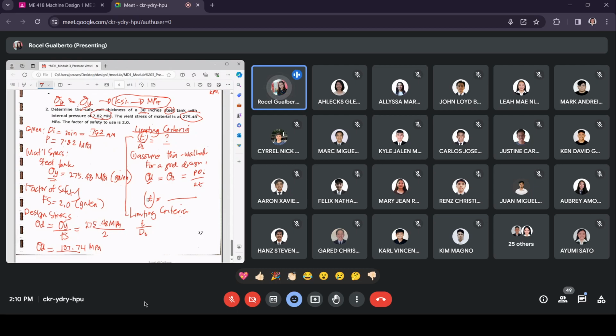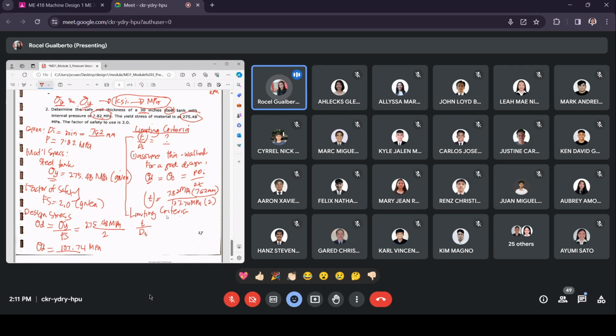Having that, T would simply be the pressure, 7.82 megapascal, times your D sub I, that is 762 mm, divided by your design stress, which is 137.74 megapascal, and then multiplied by 2, from PD over 2T. So we come up now with thickness equal to what?